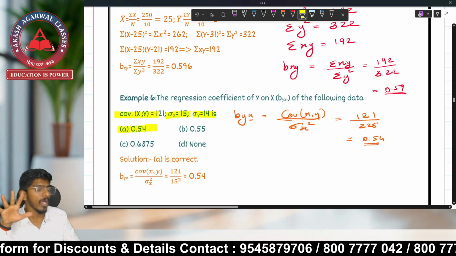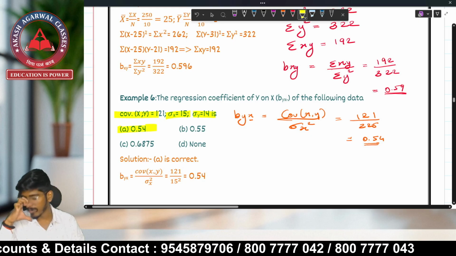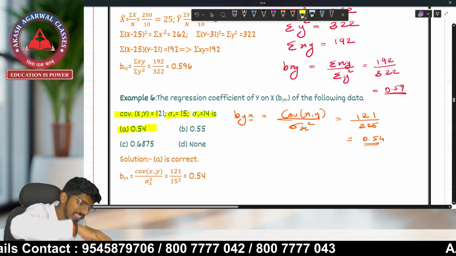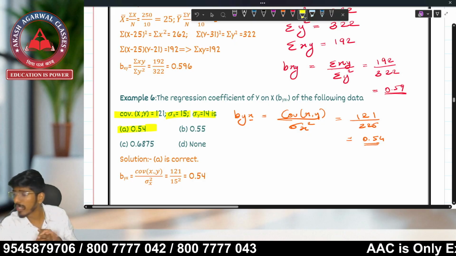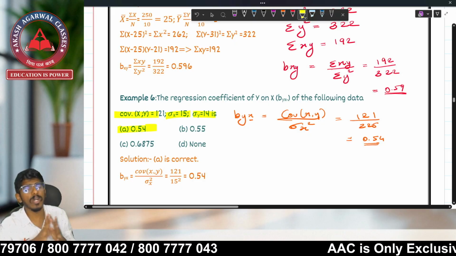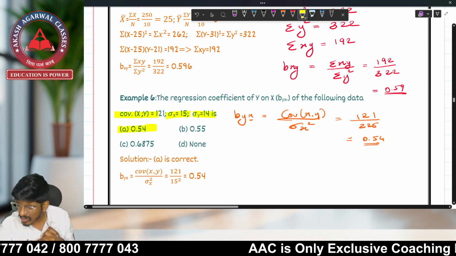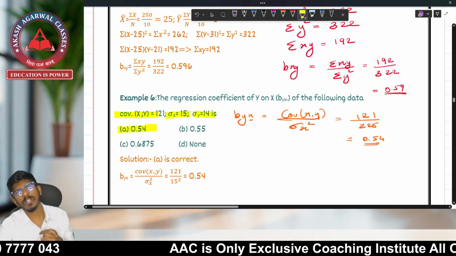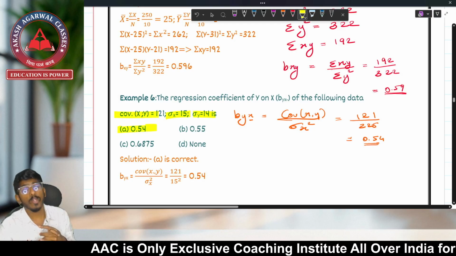That's the reason I said many students are afraid. Many of the students right now might be thinking this chapter is so tough, that there are many difficult things, some things that are very confusing and many thoughts in your mind. But let me tell you, this chapter is one of the easiest chapters. Well, it is not the easiest, but the questions asked from this chapter are very solvable.